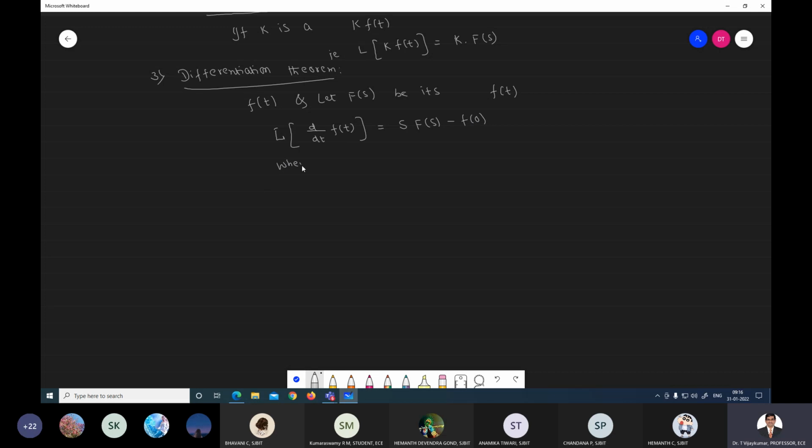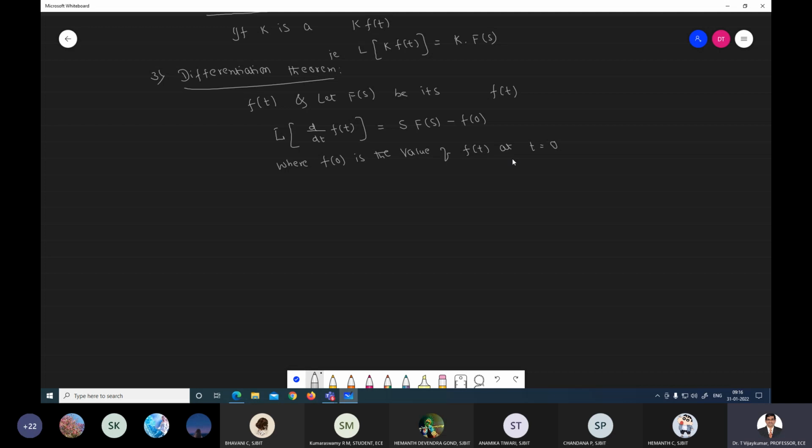So here f(0) is the value of f(t) at t equal to 0. What does the differentiation theorem mean?